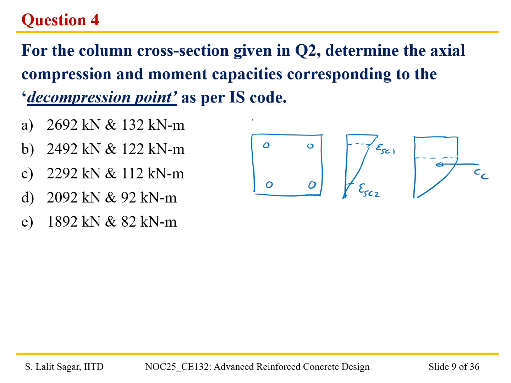Let me write down the dimensions also: 450 by 450, and 2 bars of 25 dia. And we are going to assume that the peak strain in concrete is 0.0035.